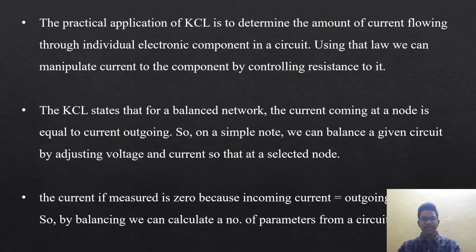The KCL states that for a balanced network, the current coming into the node is equal to the current outgoing. On a simple note, we can balance a given circuit by adjusting the voltage and current so that at the selected node, the current if measured is 0 because incoming current is equal to outgoing current. So, by balancing, we can calculate a number of parameters from the circuit.